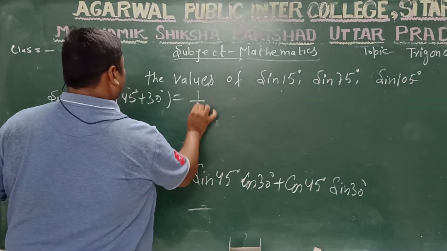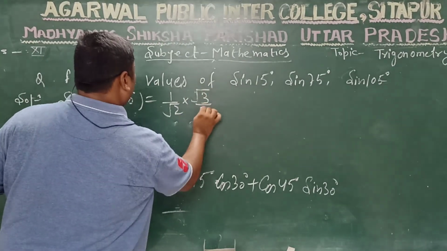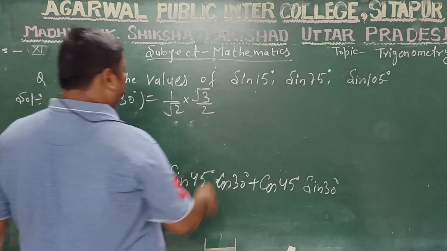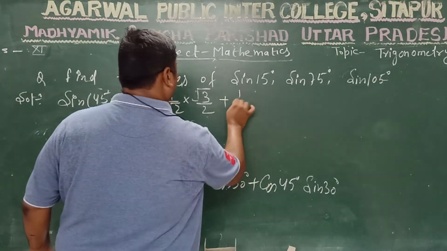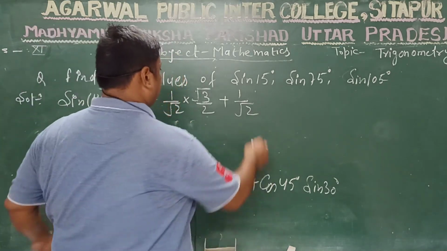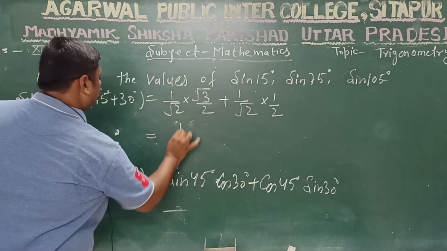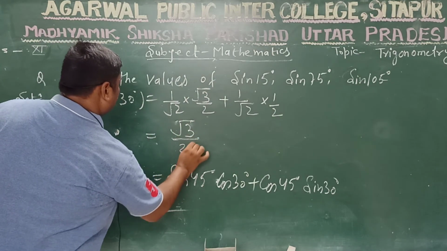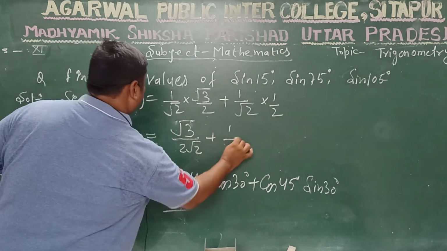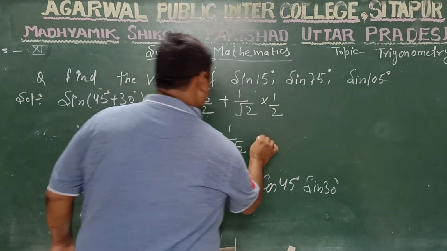Sin 45 is 1 by root 2, cos 30 is root 3 by 2, cos 45 is the same value as sin 45, and sin 30 is 1 by 2. This gives 1 upon 2 root 2 terms.